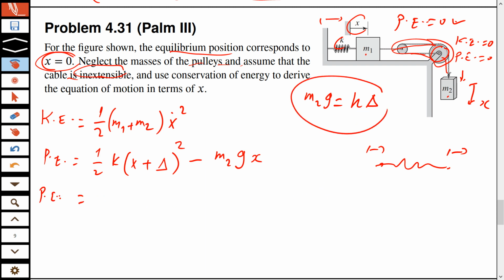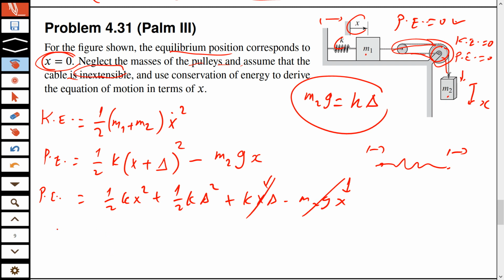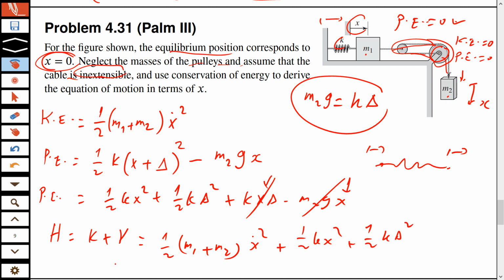So if I now expand this, it will be half k x squared plus half k delta squared plus twice half k x delta minus m2 g x. x is common, k delta must equal m2 g, so that will cancel out, and our total energy H is kinetic plus potential energy. You just add these two: half (m1 plus m2) x dot squared plus half k x squared plus half k delta squared.